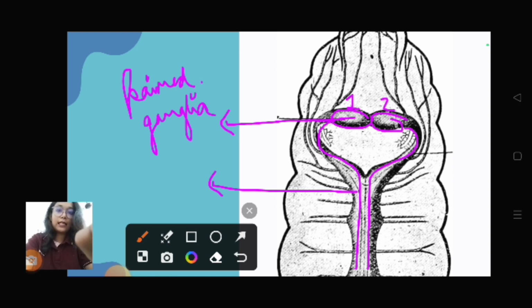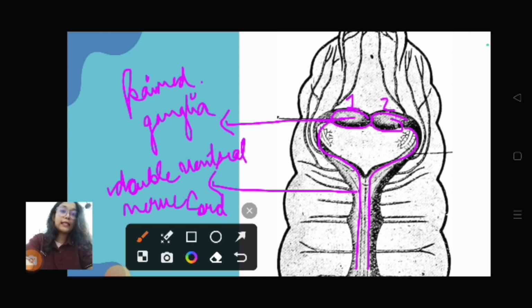Then this is the double ventral nerve cord. Okay, and this double ventral nerve cord is connected by lateral nerves. Now you understood? These are paired ganglia which are connected to double ventral nerve cord.